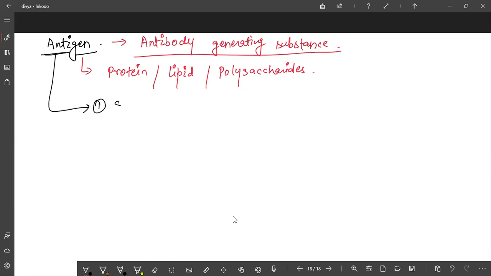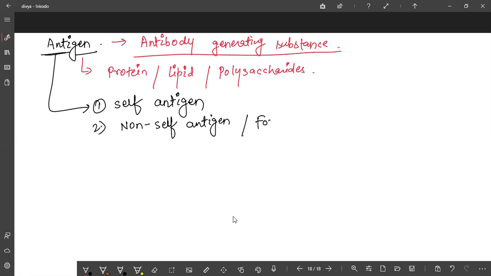It may be self-antigen or non-self-antigen, and the non-self-antigen is called foreign antigen.